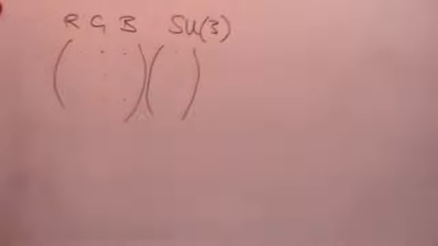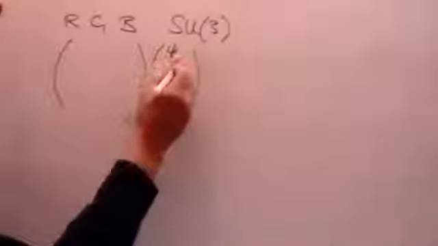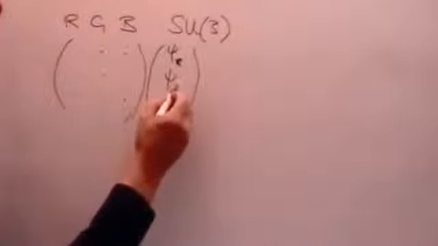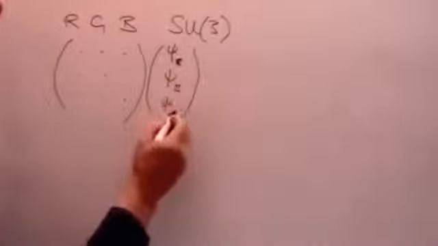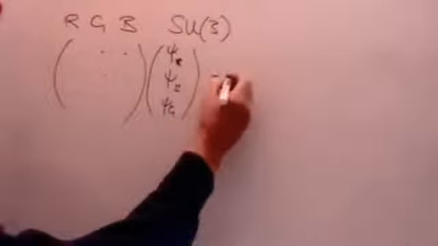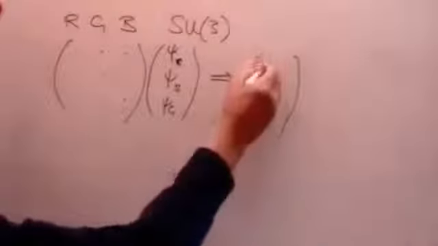And what will that 3-dimensional vector essentially represent? It will be the probability amplitude for red, the probability amplitude for blue, and the probability amplitude for green. And what that matrix will do is to change the values.